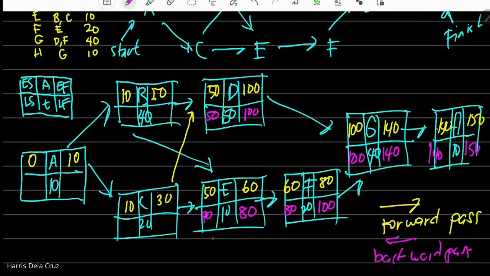Nahihilo ako sa sulat ko. 70. Hindi ako pwedeng matapos ng 70 kasi hindi makakapag-start ng 50 yung D. So, okay lang matapos ng 70 yung E. Pero yung D, hindi. Kailangan mag-start siya ng 50. So, dito, 50 pa rin to.